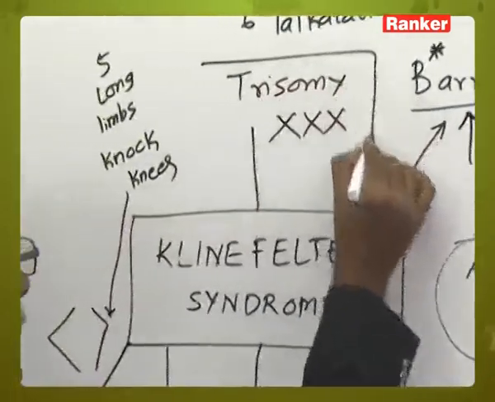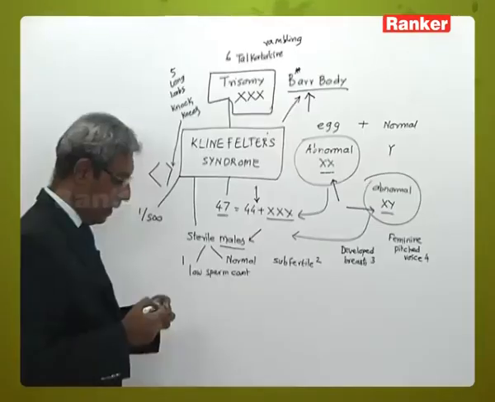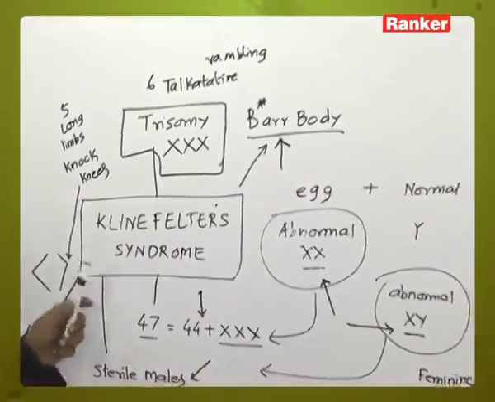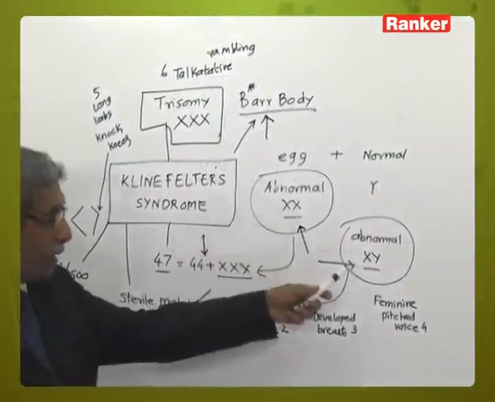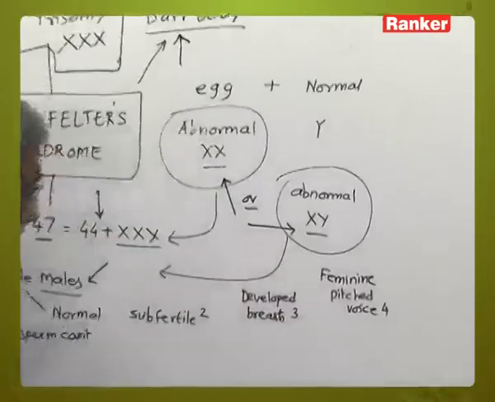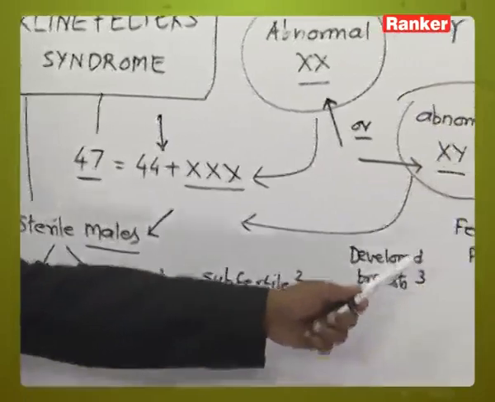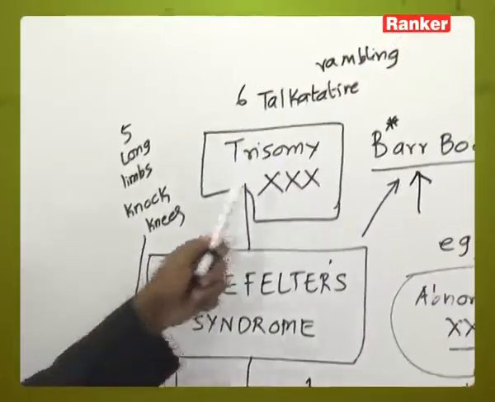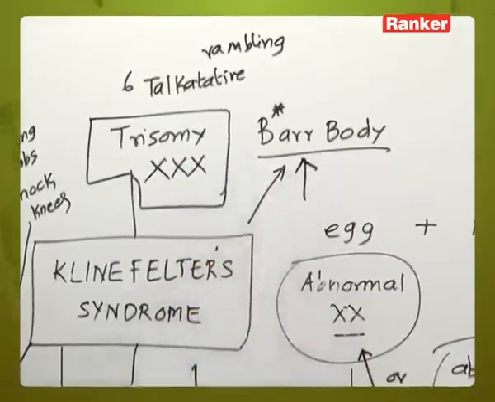It is popularly termed a trisomic X, X and Y. So Klinefelter syndrome in summary is 47, 44 plus XXY, with an abnormal XX or an abnormal XY. The features are sterile males, subfertile, developed breasts, female pitched voice, long limbs, and a rambling talkative nature, and they are identified by the bar body.